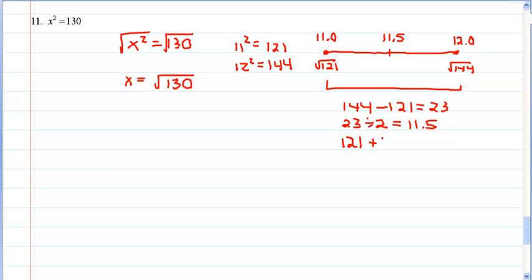121 plus 11.5 is 132.5. So we know that the square root of 132.5 is in the middle.